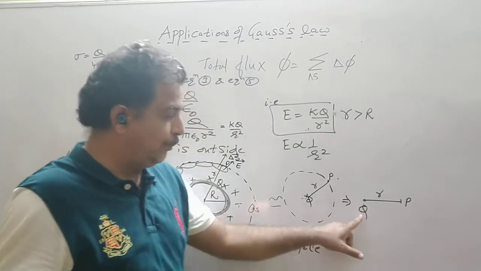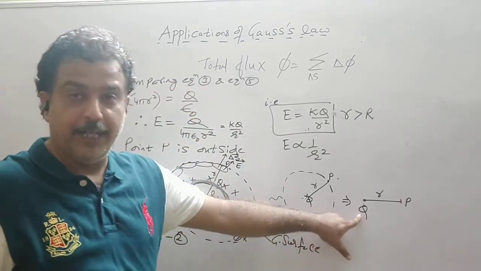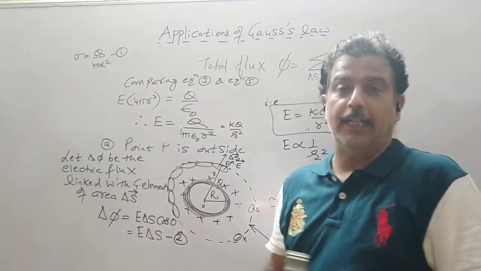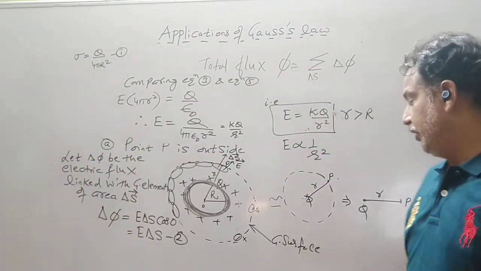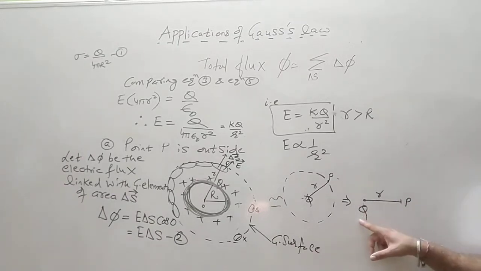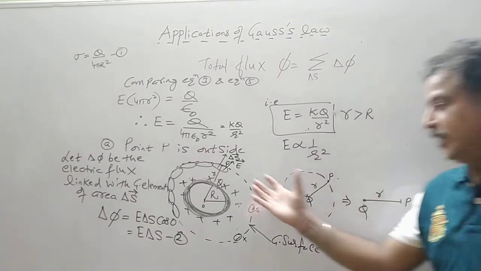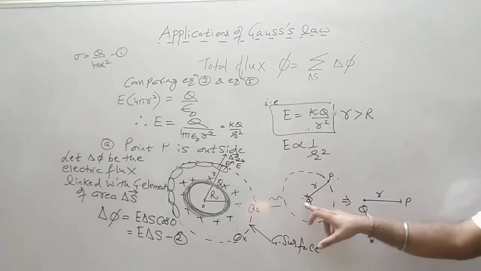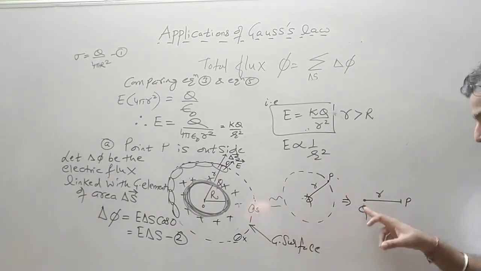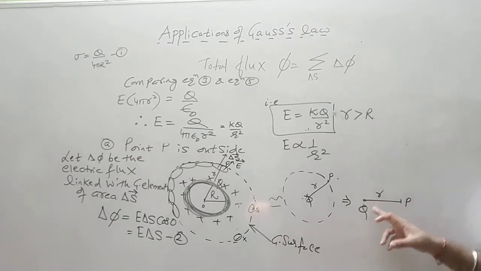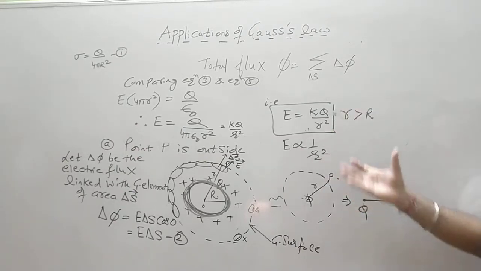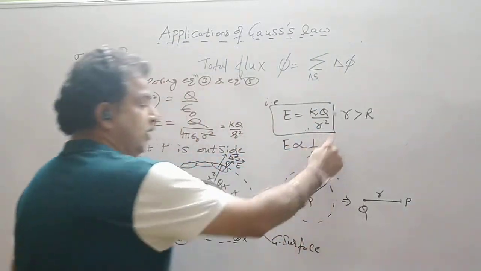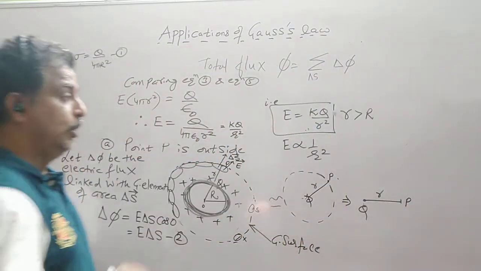Even if I take a point charge, it depends on the magnitude. If you remember the characteristics of electric field intensity, the electric field intensity depends on the magnitude of the source charge. So we assume that instead of a continuous distribution, we have the entire charge concentrated at its center, or we have a point charge of the same value. So our formula in any of these cases becomes kq upon r square, that is, E is inversely proportional to the square of distance.